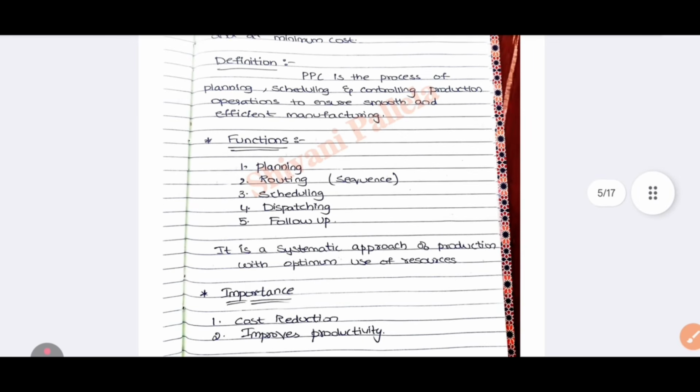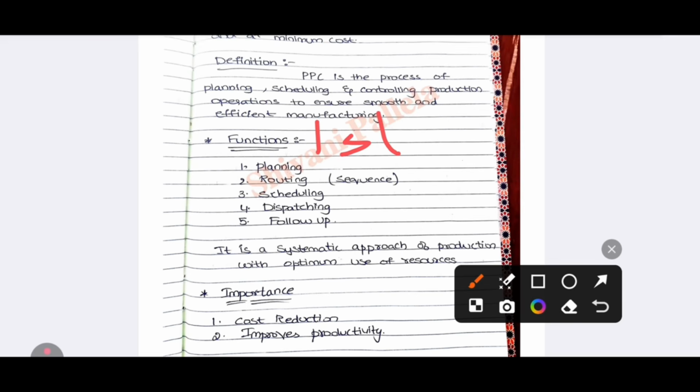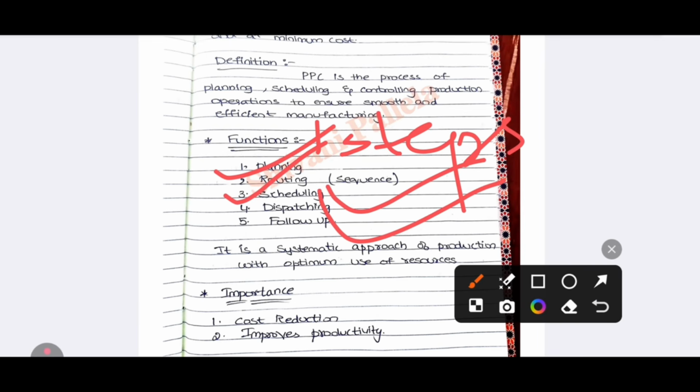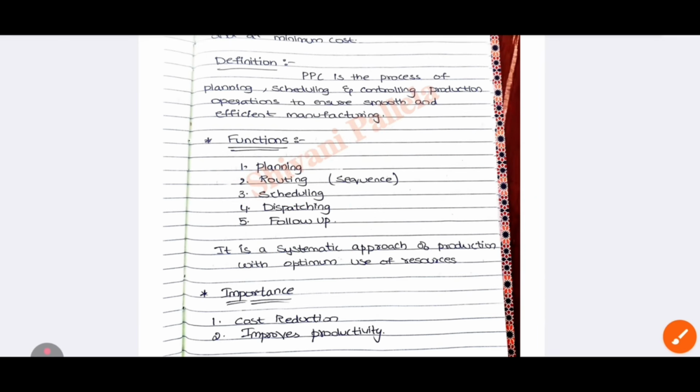What are the functions or steps of PPC? First is planning, second is routing, which is a sequence order. Next is scheduling, then we do the dispatching, and then we follow up whether the product or service is good or not. Based on these procedural steps, we do production planning and control.